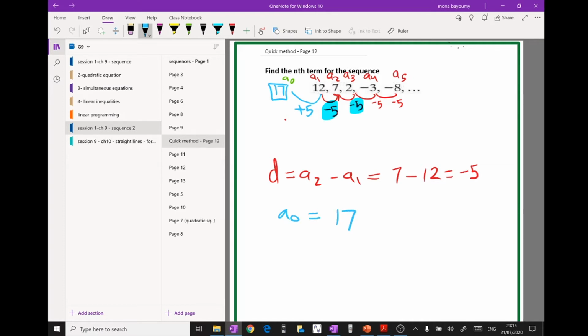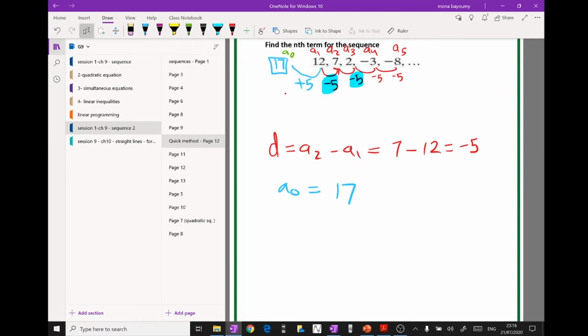To find the nth term, direct nth term, which is an equals common difference, which is D, times n plus A0.